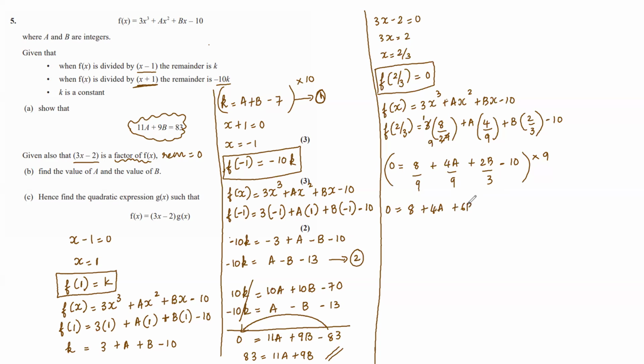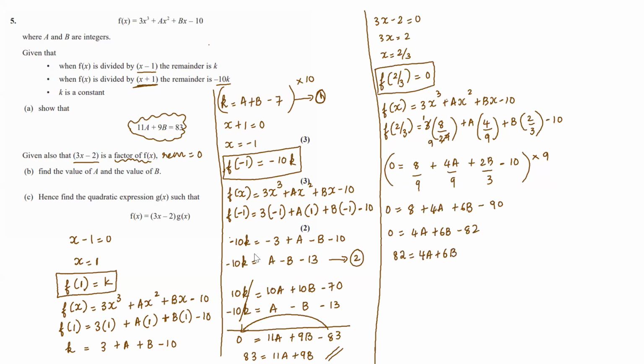So that will be 6b, minus 10 into 9 is 90. We can further simplify: 8 minus 90 is minus 82. So 4a plus 6b minus 82 is equal to 0. Bring this minus 82 to the other side. It becomes 82 is equal to 4a plus 6b.